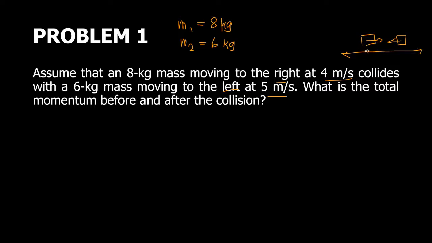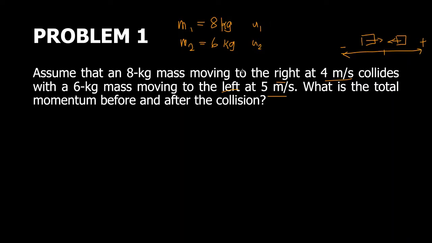Since it has opposite directions, we need to assign signs for its direction, or for its velocity. When we say it's moving to the right, sasabihin natin positive yung kanyang velocity, while if it's moving to the left, negative ang kanyang velocity.